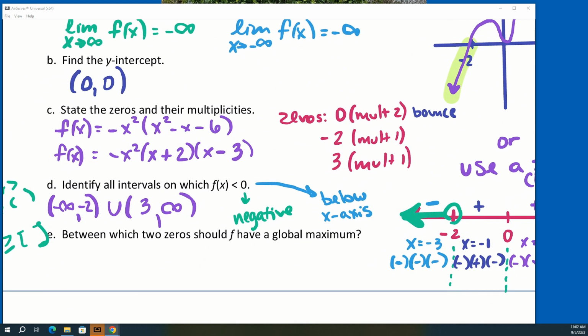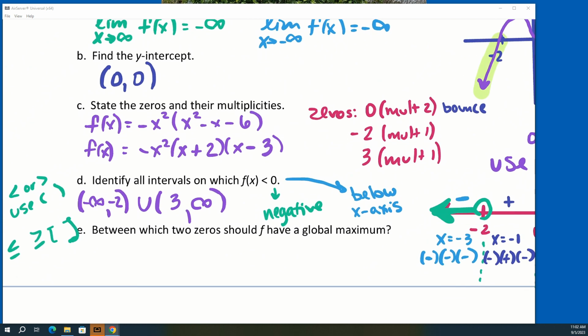You're right. Why do you think, logically? I mean, I drew it that way, but why do you think logically it should be higher between 0 and 3? It has to do with the distance between the numbers.